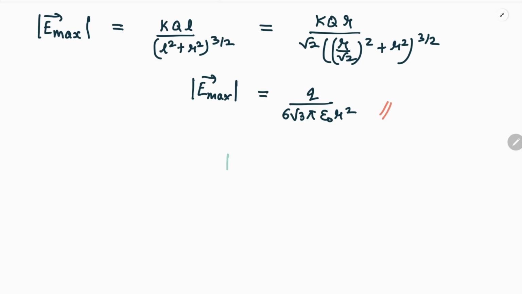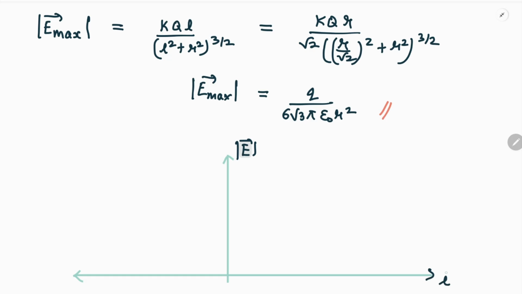So if we are plotting the value of magnitude of E with distance L, we can consider this graph that if this is the magnitude of E and this one is L, we obtain a graph like this.